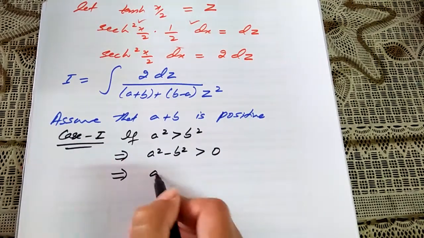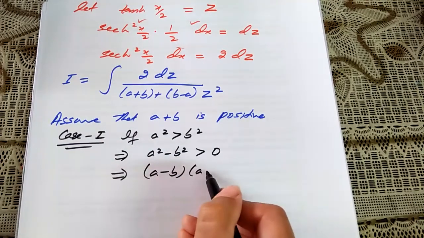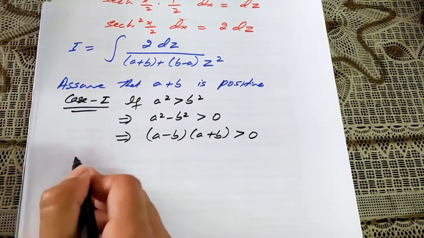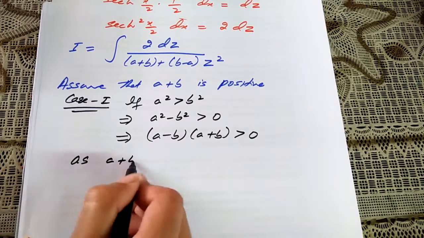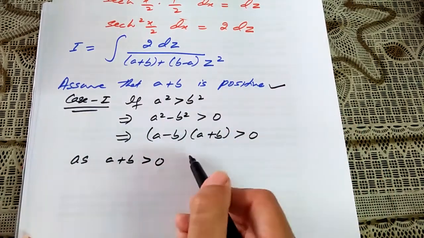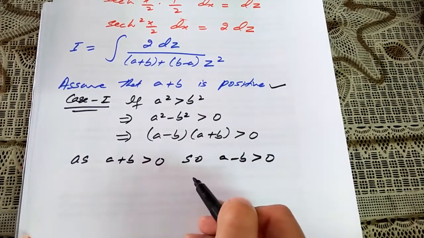This means that a squared minus b squared can be written as a minus b into a plus b. That will be greater than 0. So as a plus b is greater than 0, as we assume that this is positive, a minus b is also greater than 0.